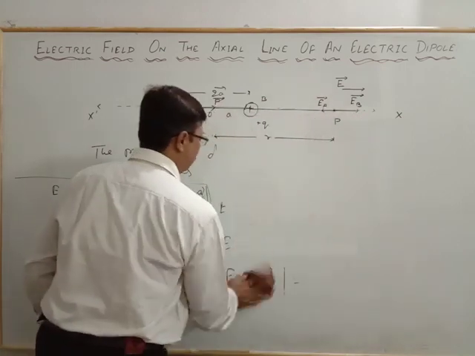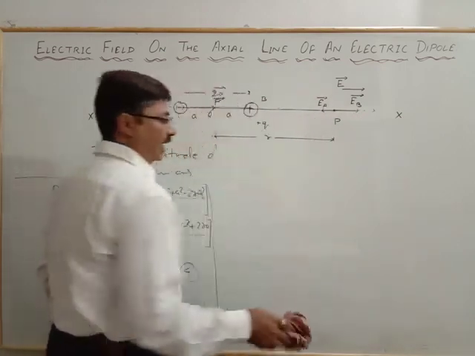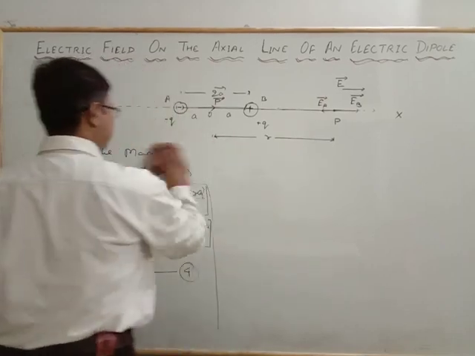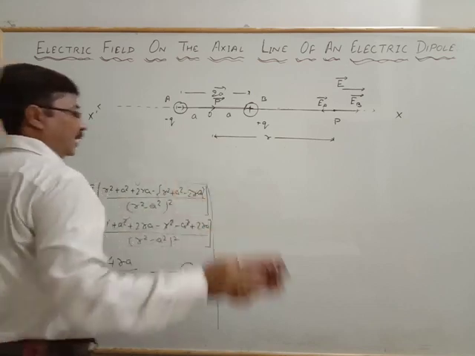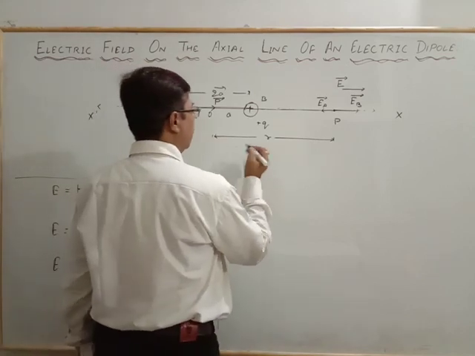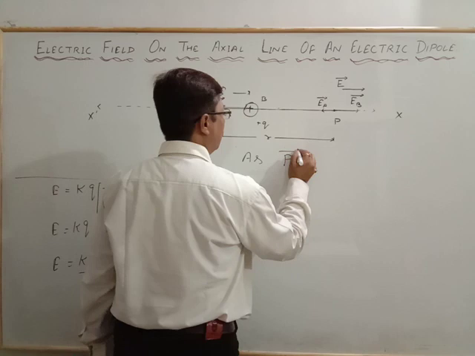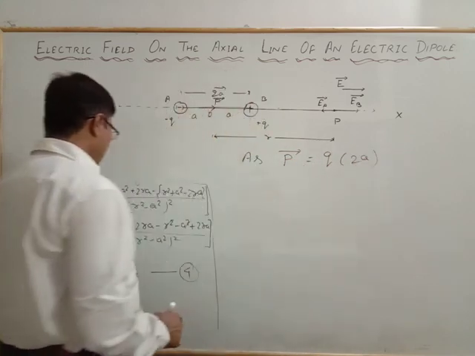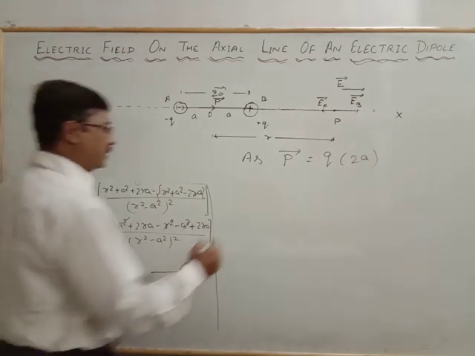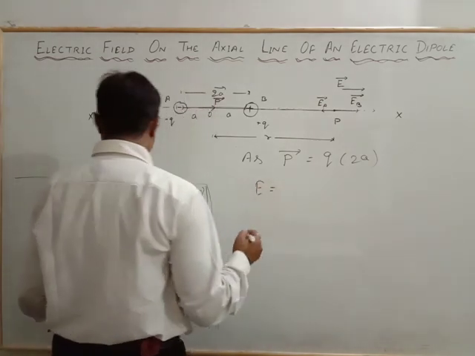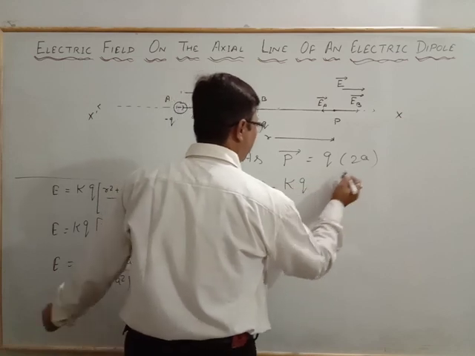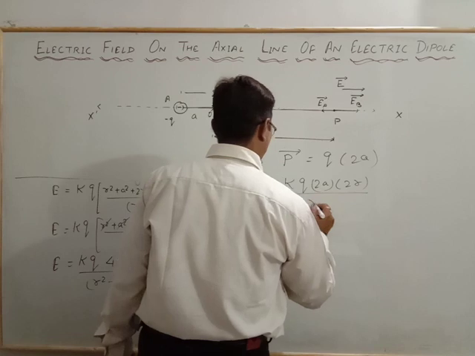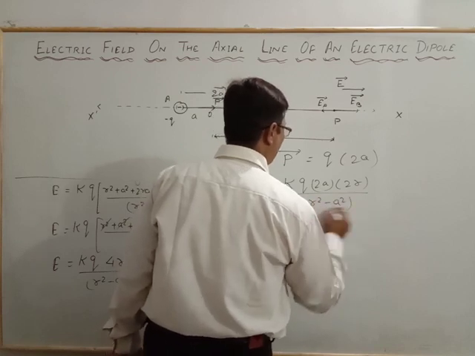So the electric field with the dipole moment, since we know that electric dipole moment P vector is equal to Q into 2a, and this relation comes here. How is it? E is equal to KQ, and here we will write the 2a into 2r by (r square minus a square) whole square.